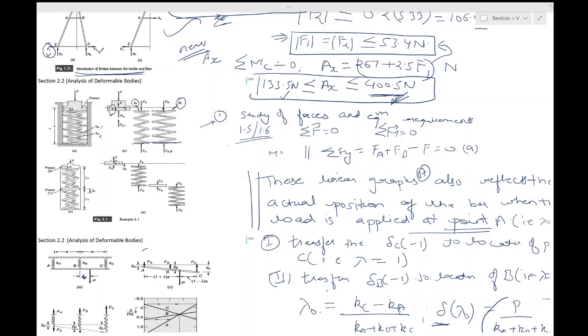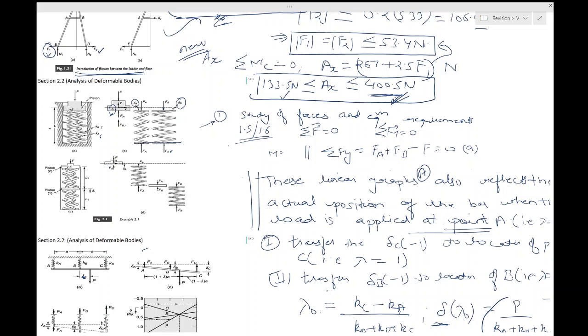So I'll try to use the green ink over here, and whenever you look at it later on, you can know that the green means Castigliano's theorem was used. Okay, so in this particular case, you have already done most of the analysis.